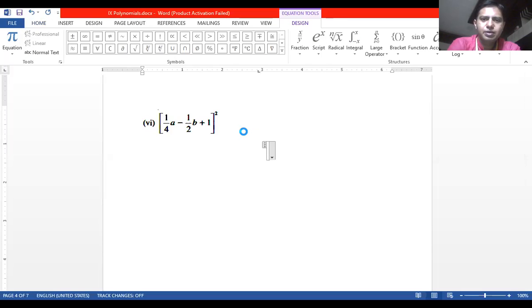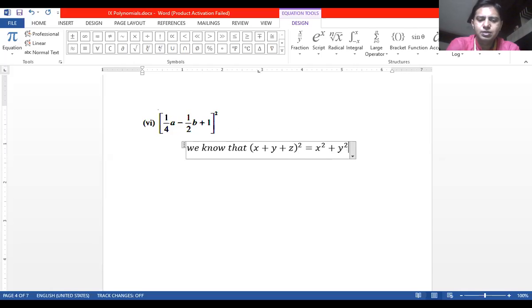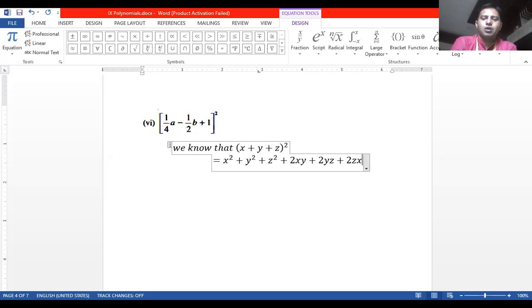On comparing, we know that x plus y plus z whole square is equal to x square plus y square plus z square plus 2xy plus 2yz plus 2zx. Now we'll equate it with the question.